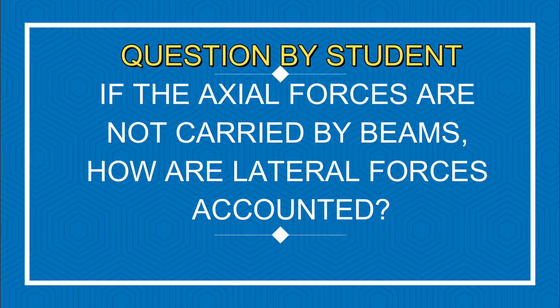Usually structures of this level have thick slabs, so a 200 mm slab, and you see the frame to frame spacing, typically 5 to 6 meters. So 6 meters into 0.25, how much is the area? Roughly it's 1.5 square meters. That's a very big area. So all the axial force, we assume it's absorbed there.